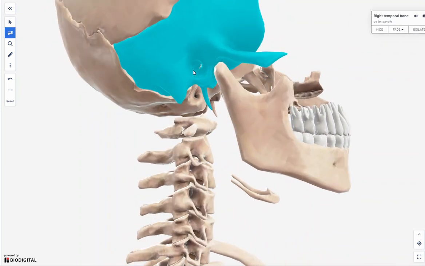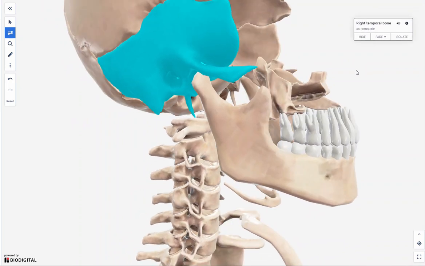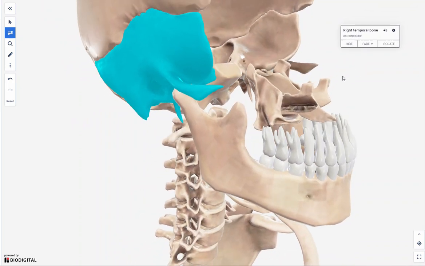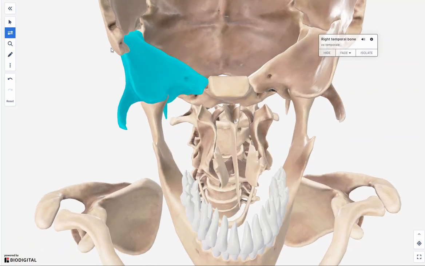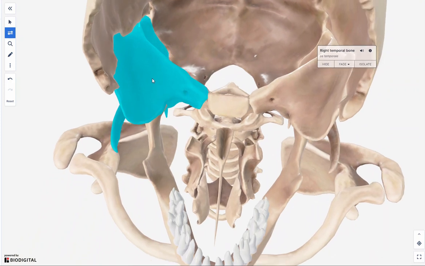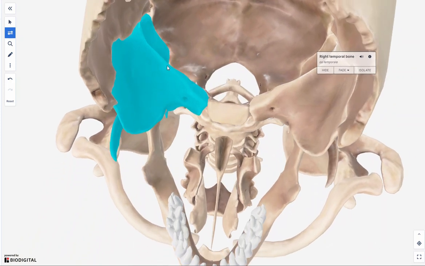We have the external acoustic meatus and the internal acoustic meatus, sorry. So, that internal acoustic meatus reaches deep into the skull within the temporal bone. So, the organs of our ears are within this portion of the temporal bone.